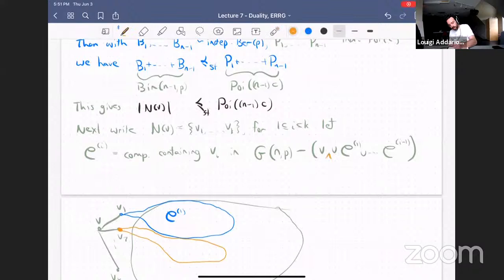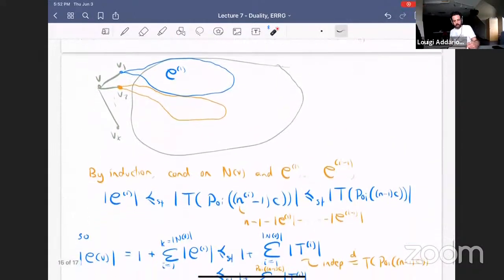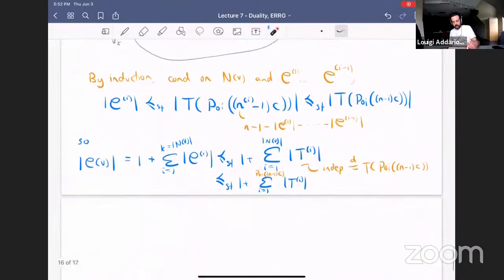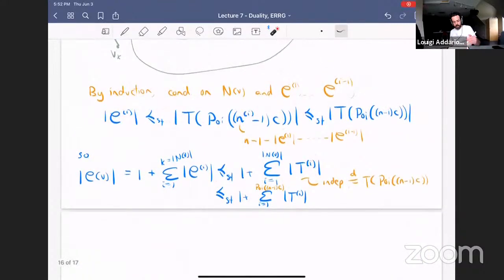I think it would have made sense to also exclude v(i+1) up to vk. I don't want to exclude v1 from its own component, so I'd better start at v2. But I think that probably fixes it.